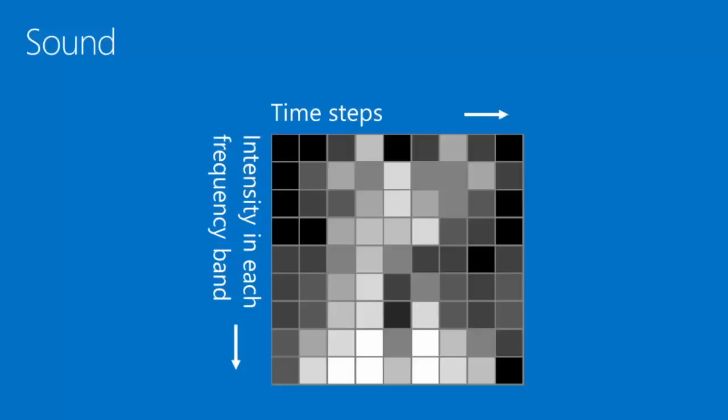Bass, mid-range, treble. You can slice it a whole lot more finely than that. And again, the frequency bands that are closer together are more closely related, and you can't rearrange them. The order matters. Once you do this with sound, it looks like a picture. It looks like an image, and you can use convolutional neural networks with them.